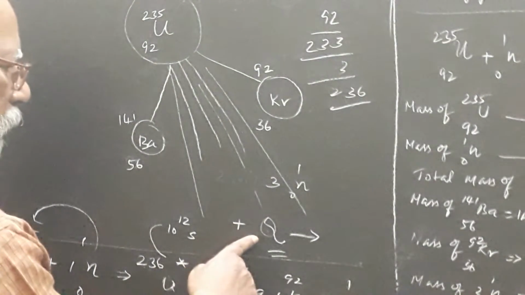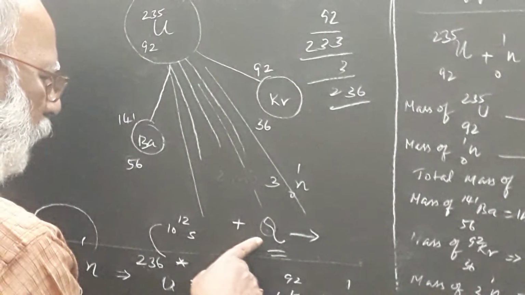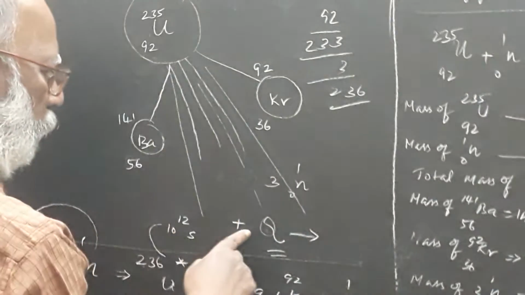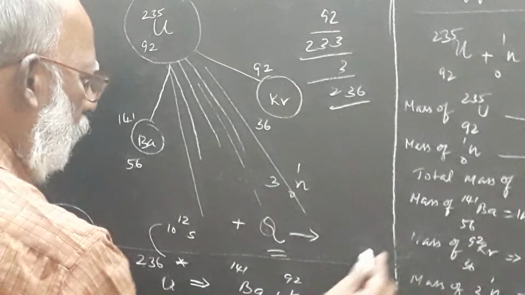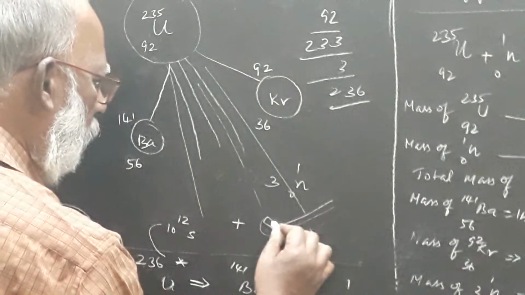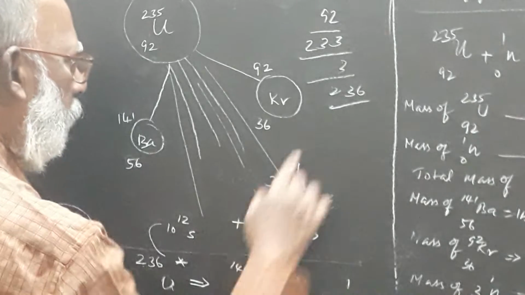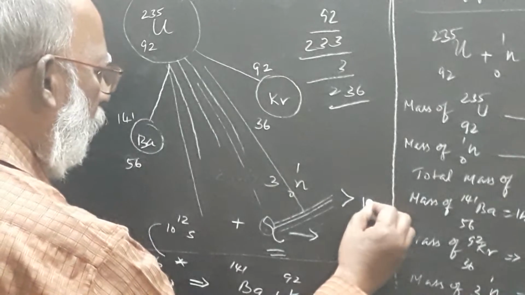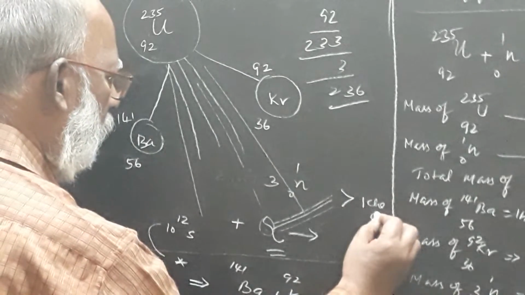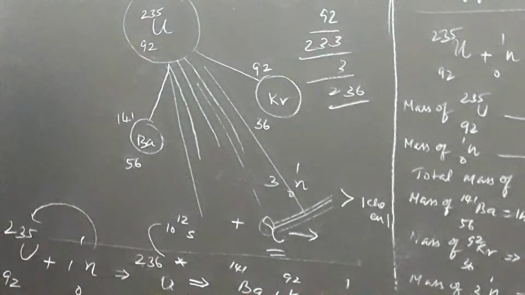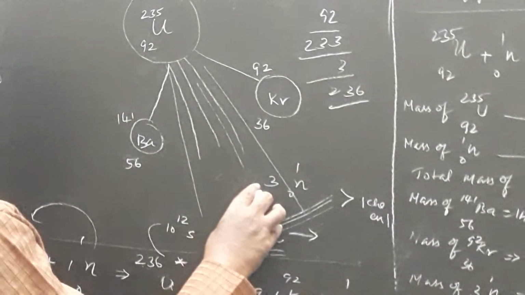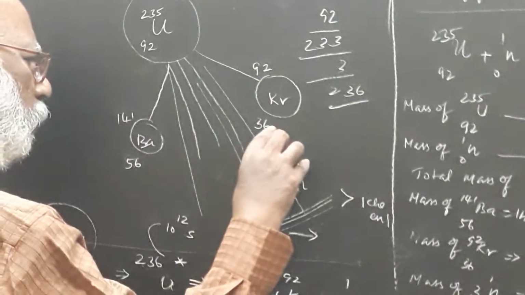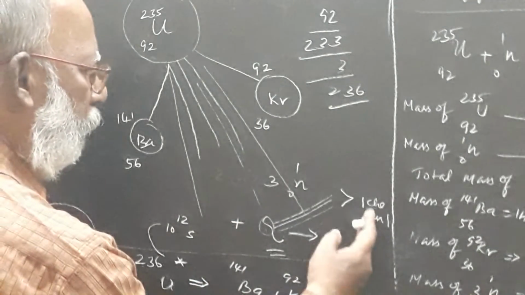If you compare the energy released in the fission process with the chemical energy, the magnitude of the fission energy is far greater than the chemical energy. That is a very important concept.